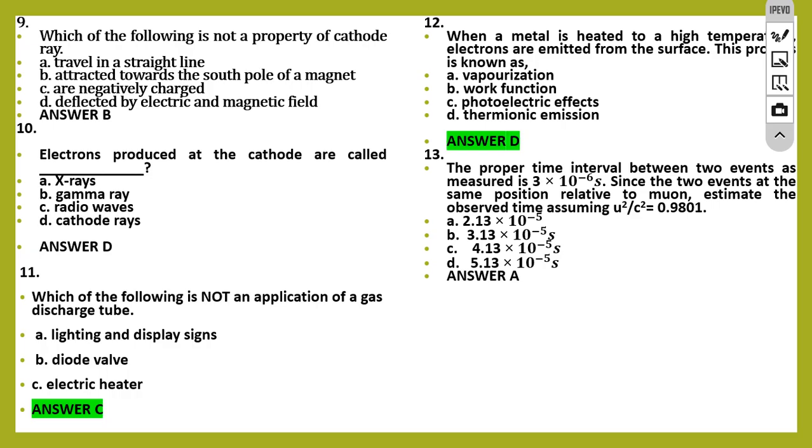So the correct option is A, 2.13 times 10 to the power minus 5 seconds.